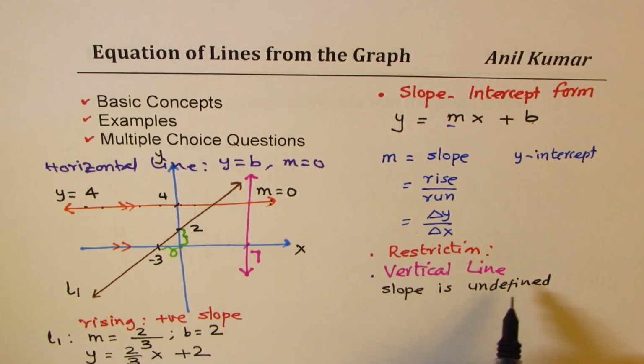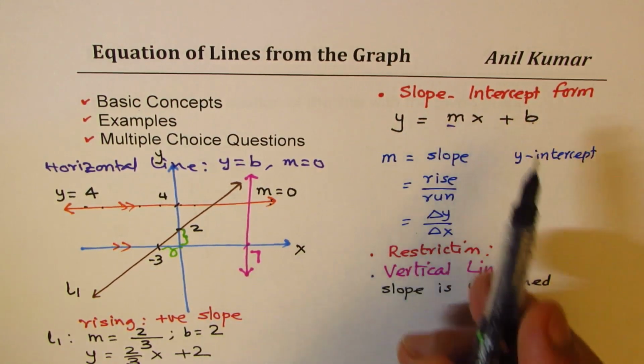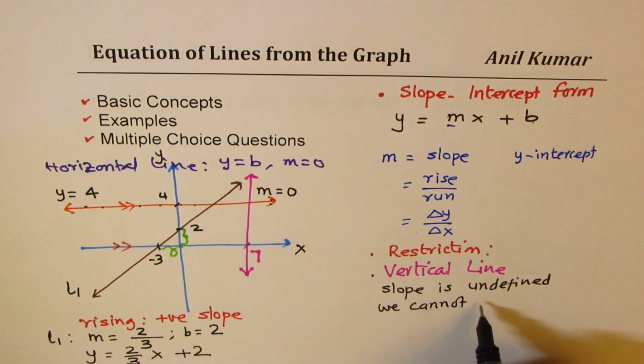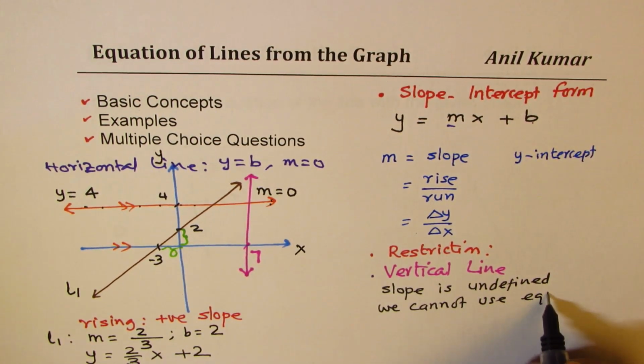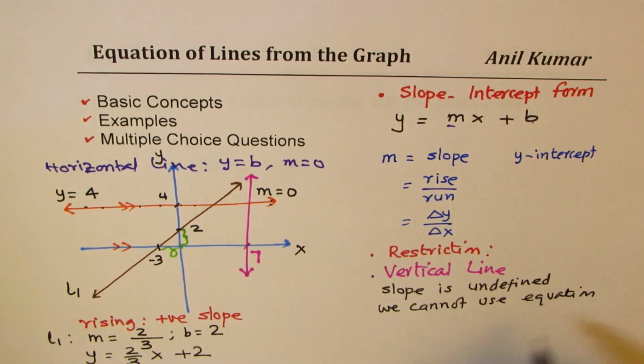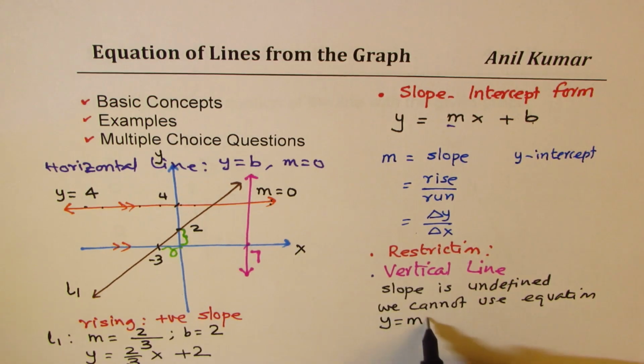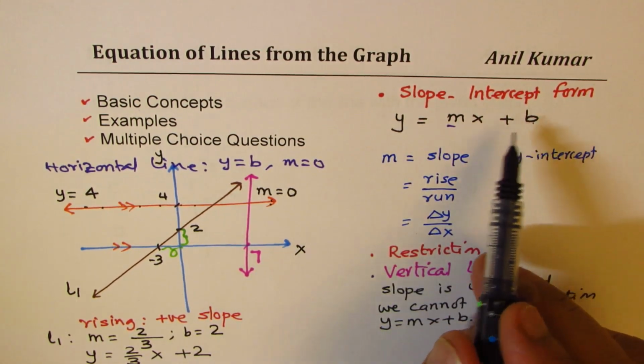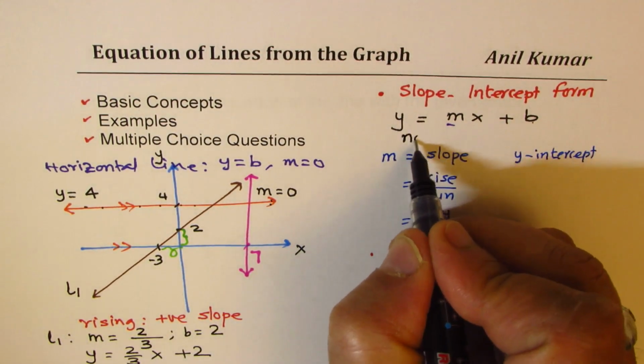Since slope is undefined, we cannot use the equation y equals mx plus b, right? So this equation is true for non-vertical lines.